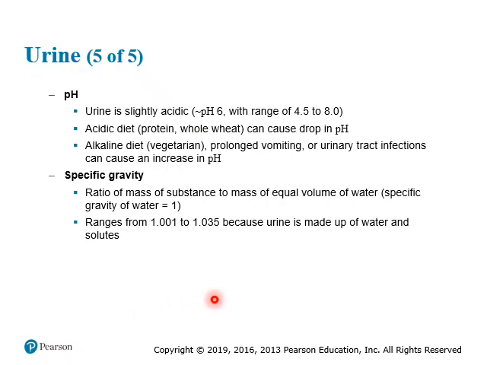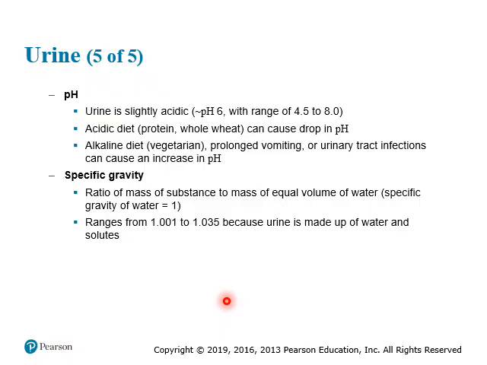The pH of the urine is around 6, with a range of about 4.5 to 8. Depending on your diet, an acidic diet with a lot of protein and whole wheat can cause a pH drop, and an alkaline diet, a vegetarian diet, prolonged vomiting, or urinary tract infection can cause an increase in pH.